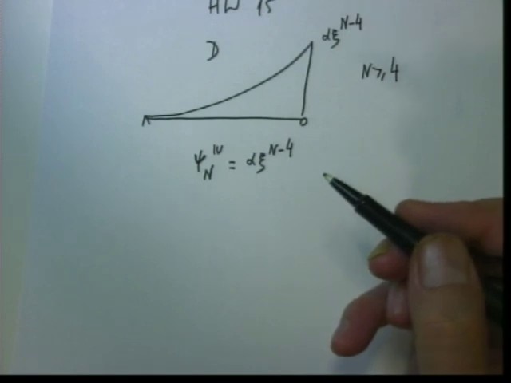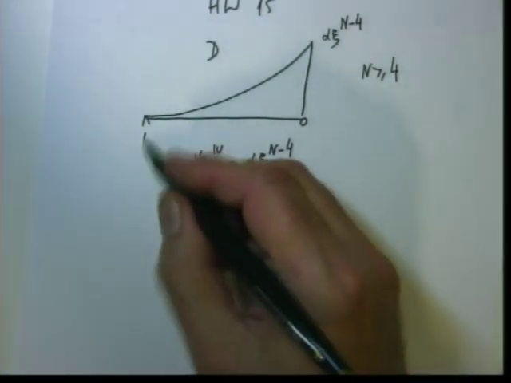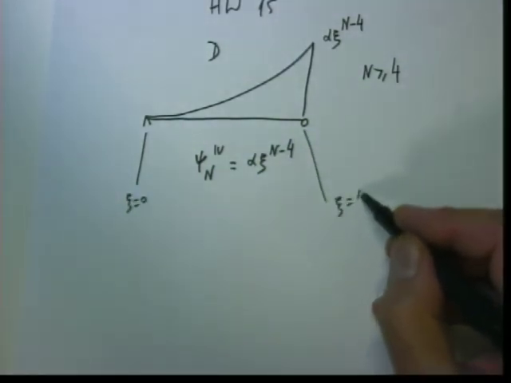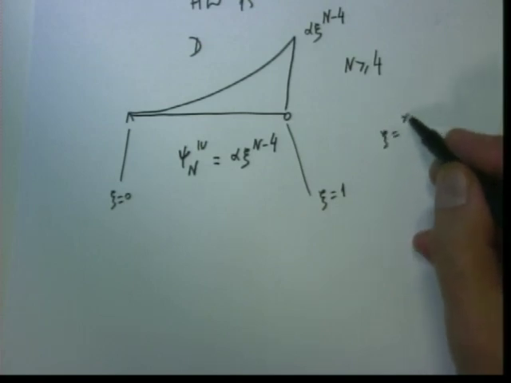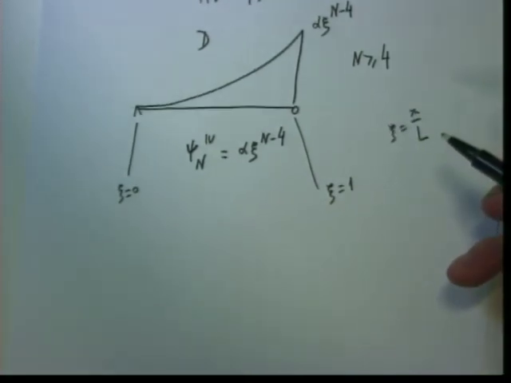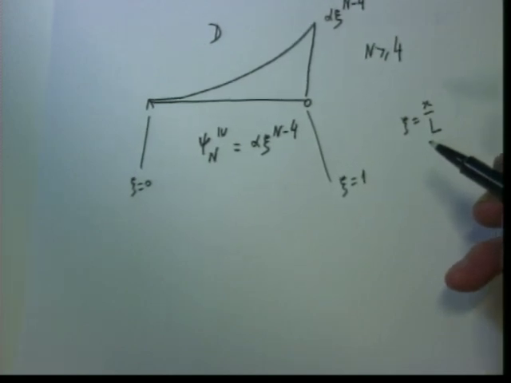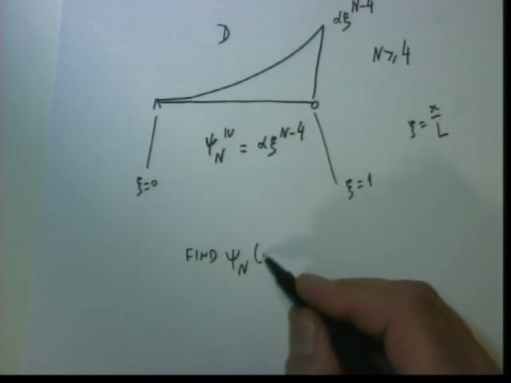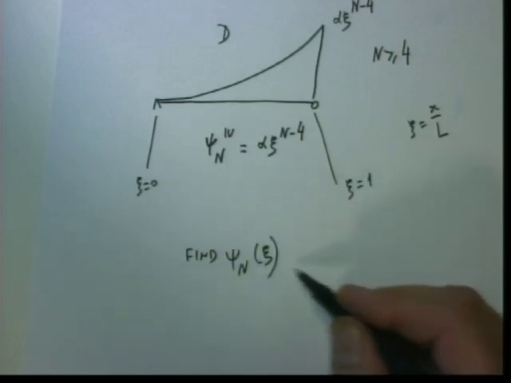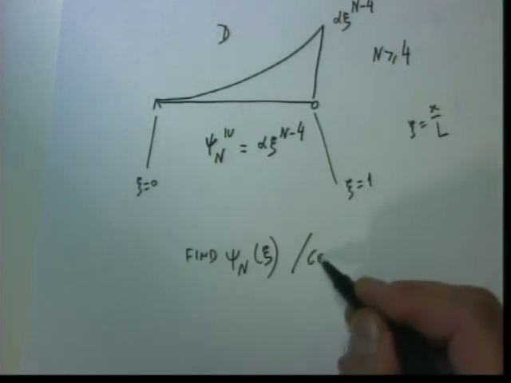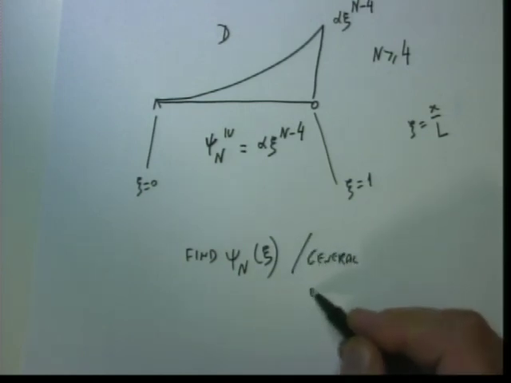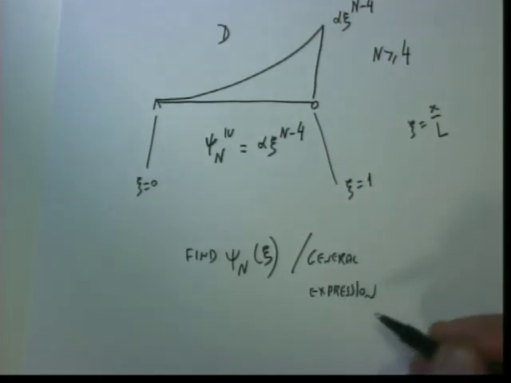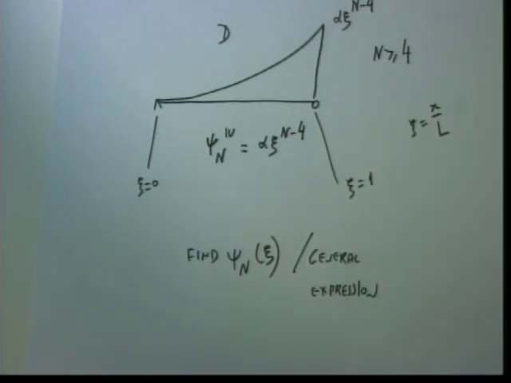So here psi equals 0, psi equals 1, okay, because psi equals x over L. And find psi n. Find a general expression for it.